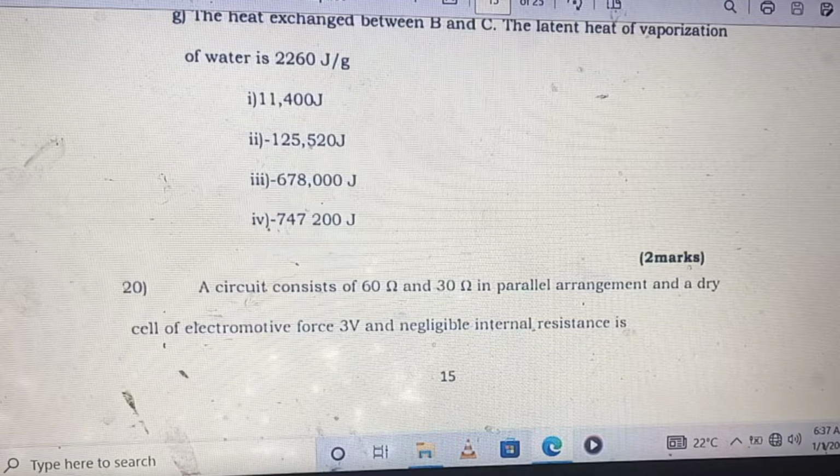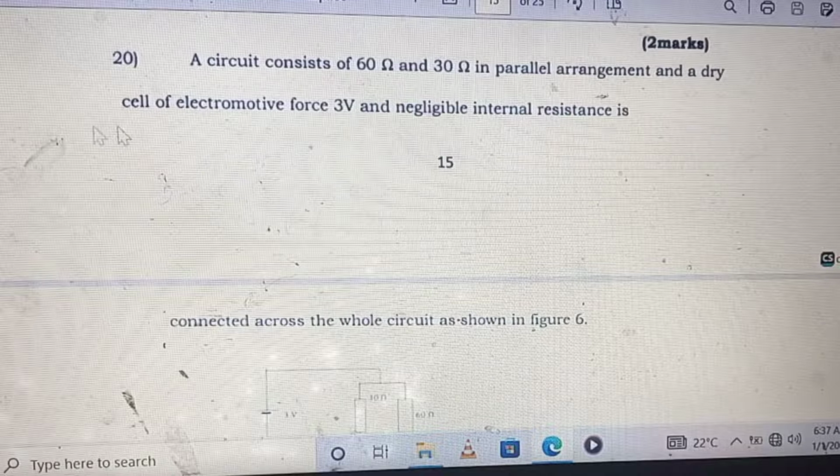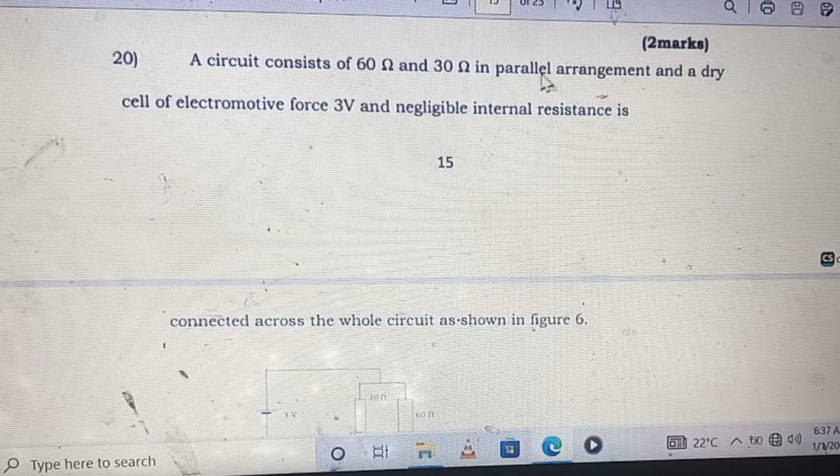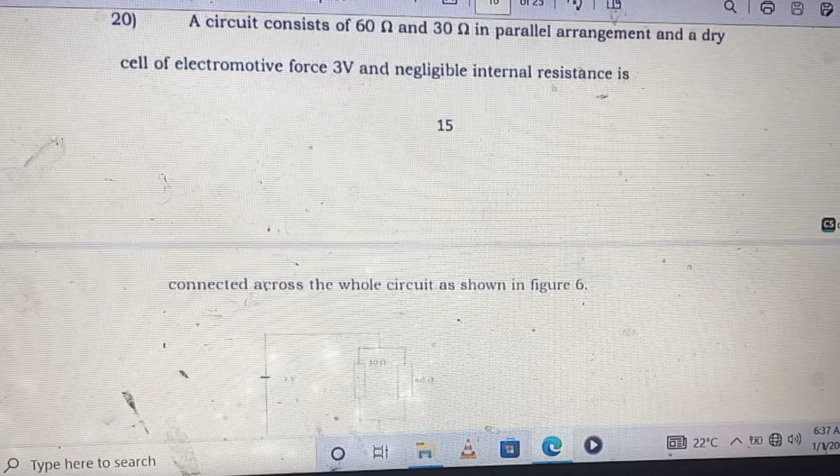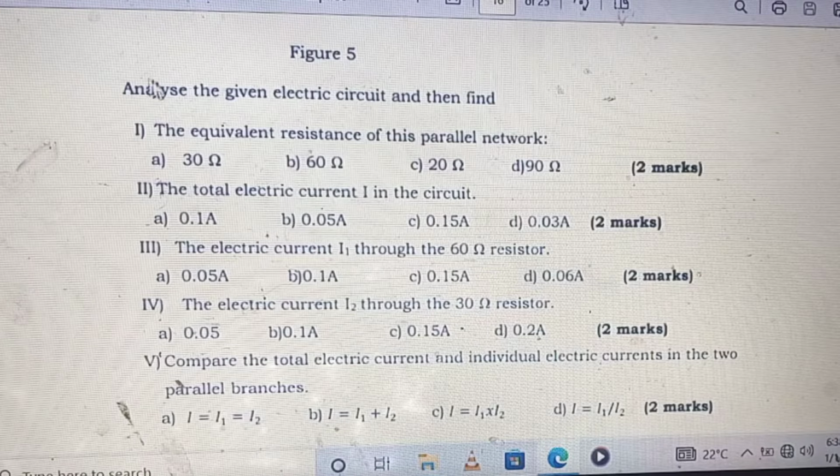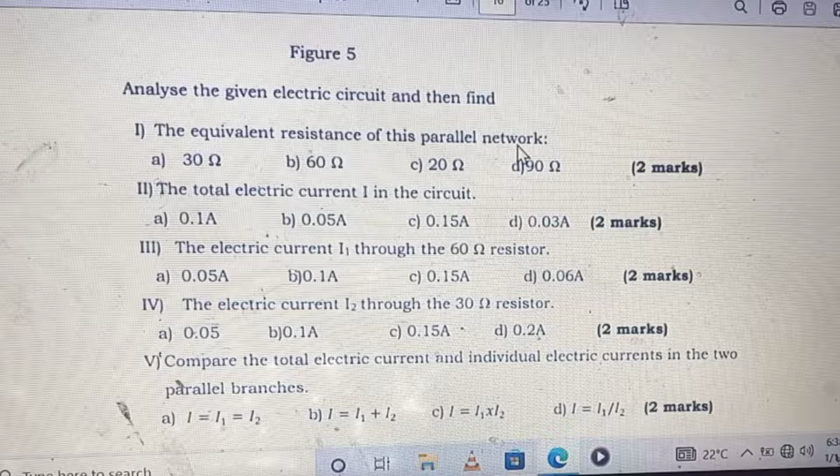Next question, question 20. A circuit consists of 60 ohm and 30 ohm in a parallel arrangement, and a dry set of electromotive force 3 volt and the negligible internal resistance is connected across the whole circuit as shown. Analyze the given electric circuit and then found I. Equivalent resistance of this parallel network.